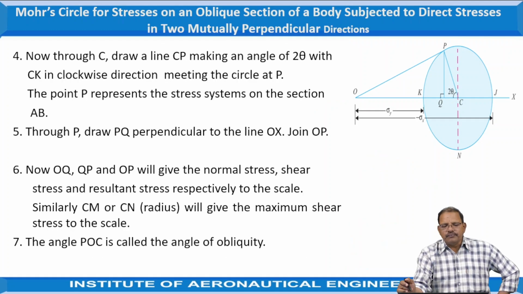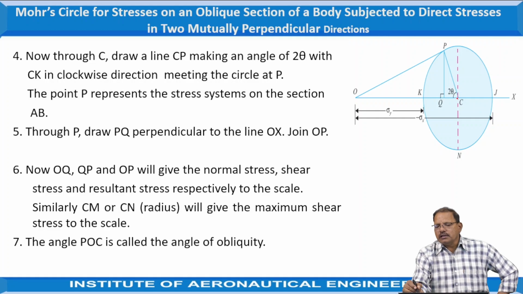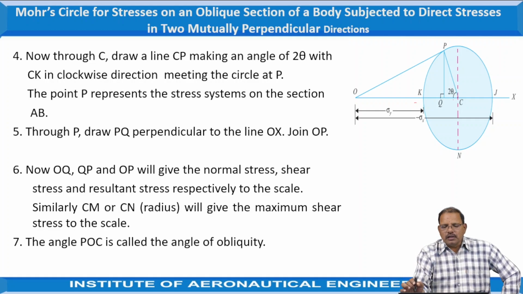Now through C, draw line CP making an angle of 2 theta with CK, that is the x-axis, measured in clockwise direction, such that it meets the circle at a point P. The point P is representing the stresses on the section AP.